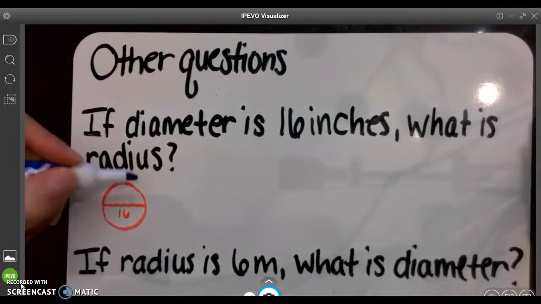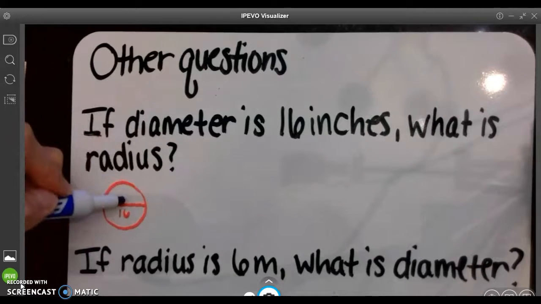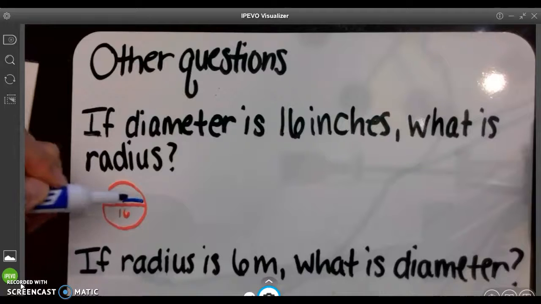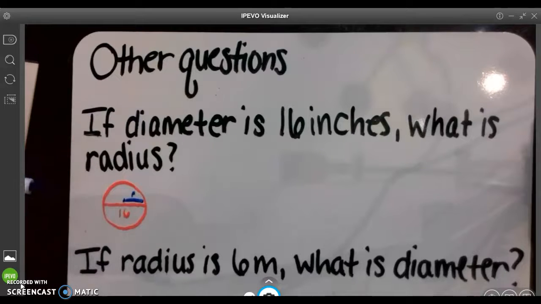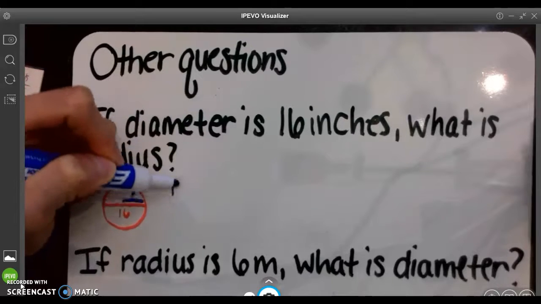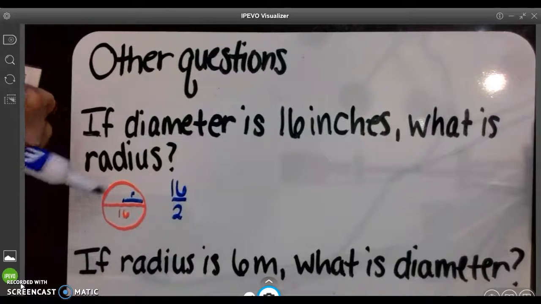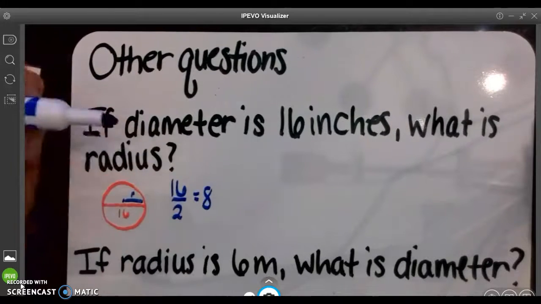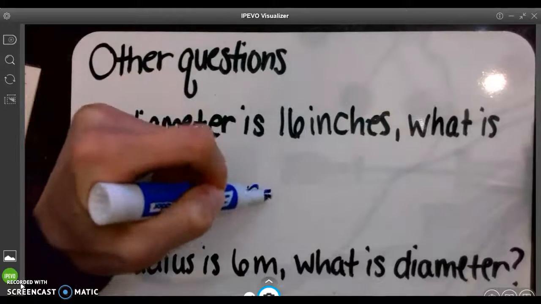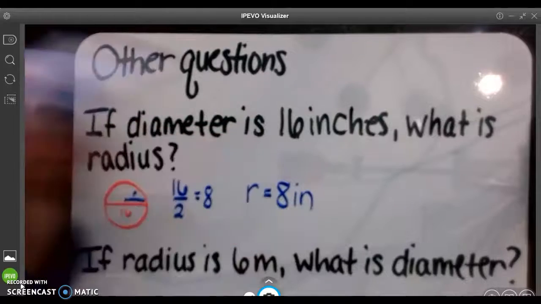And we want the radius. The radius is half of that. So what is that? That's an R. So we take 16, divide it by 2, because radius is half of diameter, and we get 8. So our radius is 8 inches.